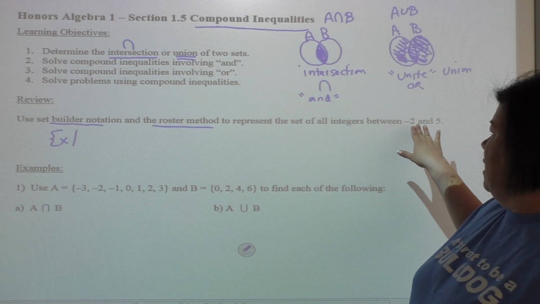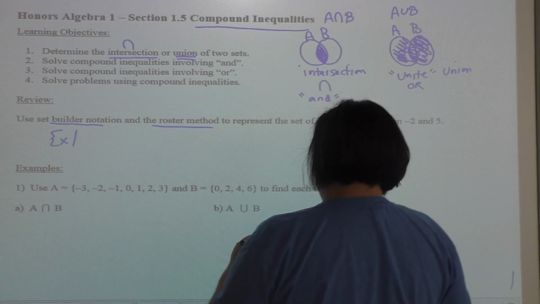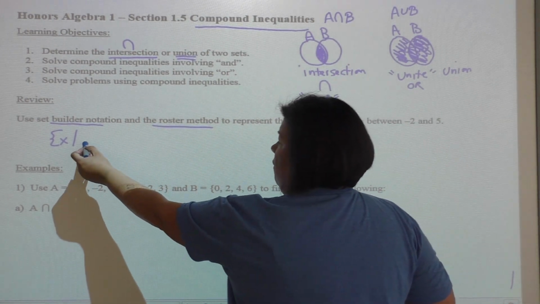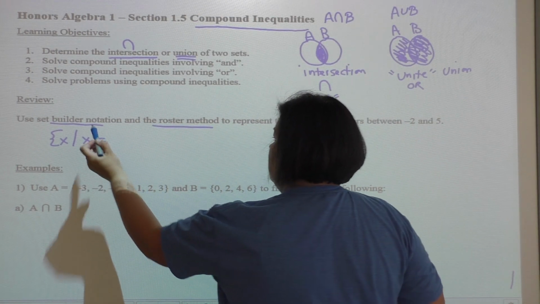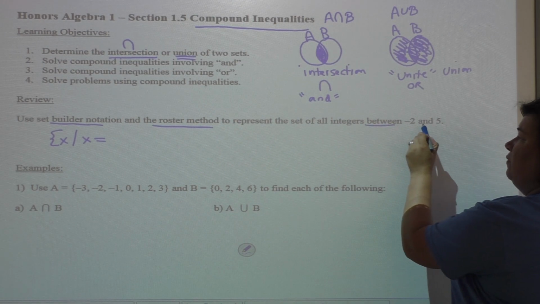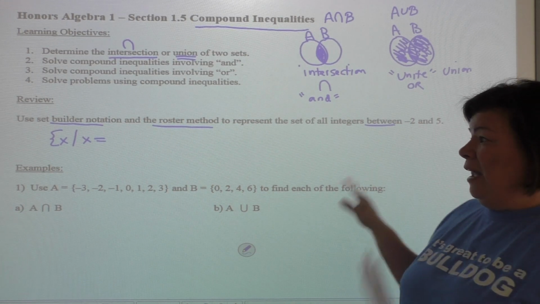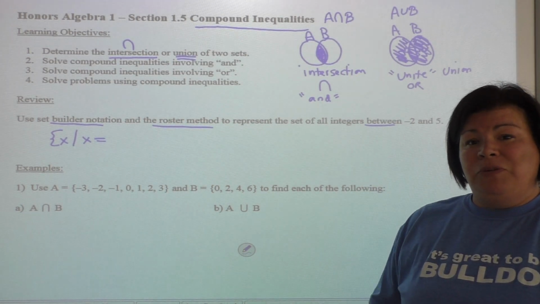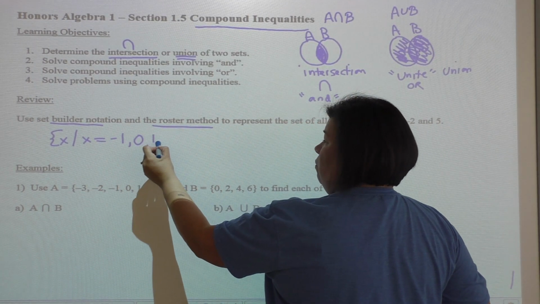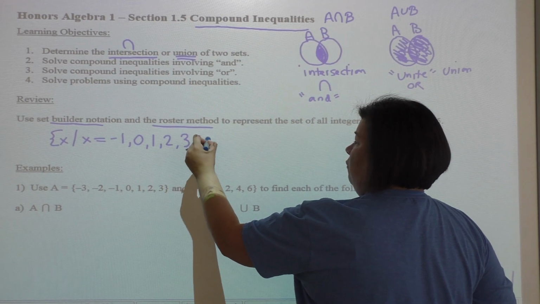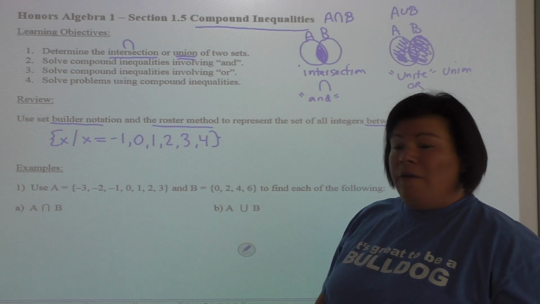Now since they want us to tell all the integers between -2 and 5, we know that it would be the set of all x values such that x is equal to, now since it has to be between -2 and 5, it doesn't include -2 and 5. It's all the integers between that, which would be -1, 0, 1, 2, 3, and 4. And those are all the elements or solutions of that set.